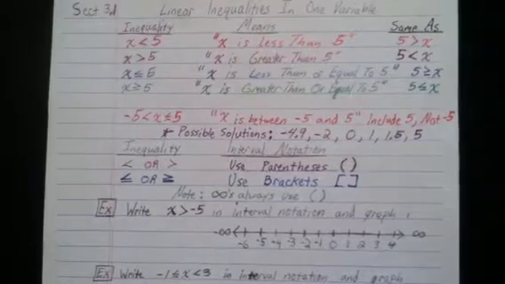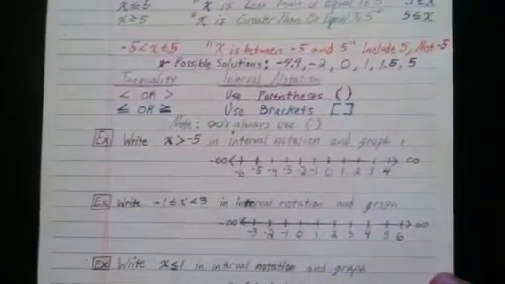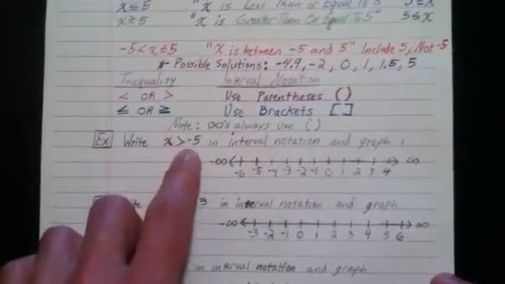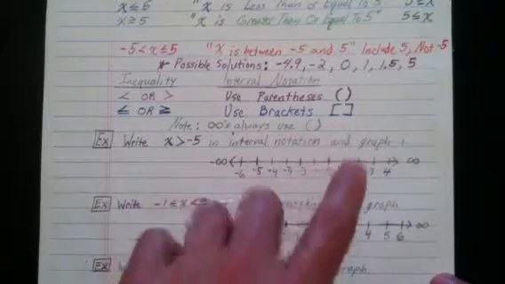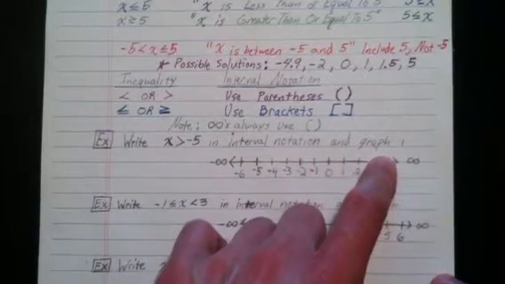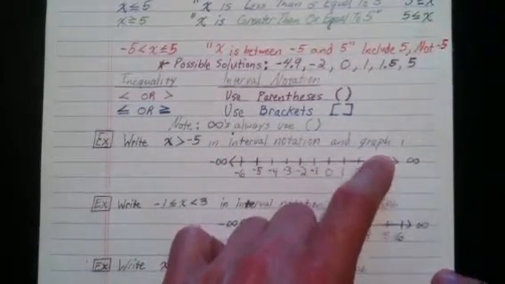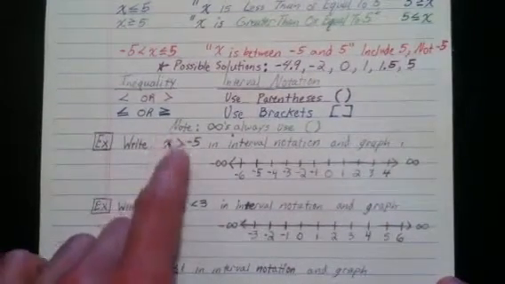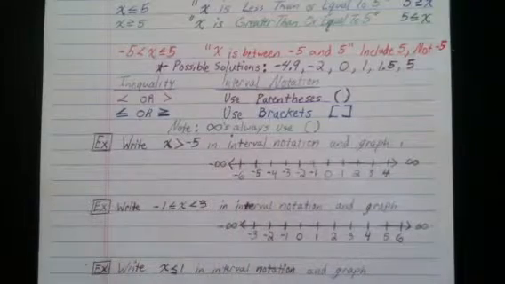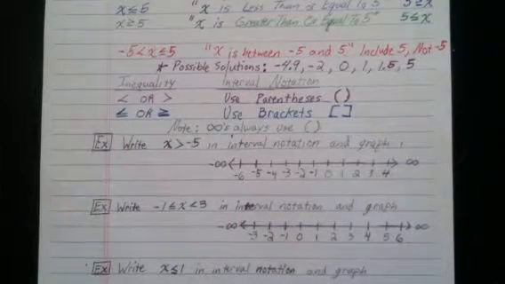So now actually graphing some of these inequalities. First example here. We want to write the inequality x is greater than -5 in interval notation, using either parentheses or brackets, and also graph it. So, how we write this in the interval notation, we have to think of, well, if x can be any number greater than -5, what is our low limit, and what is our high limit?